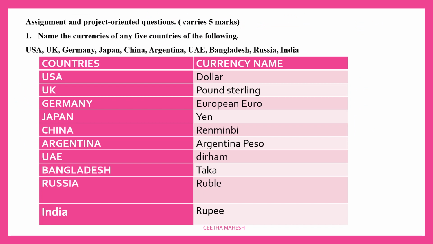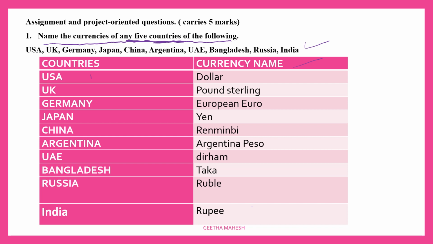Dear students, the last one is: name the currencies of any 5 countries of the following. Here they have given country names. You have to choose 5 countries and name the currencies, or list out the names of currencies of different countries.